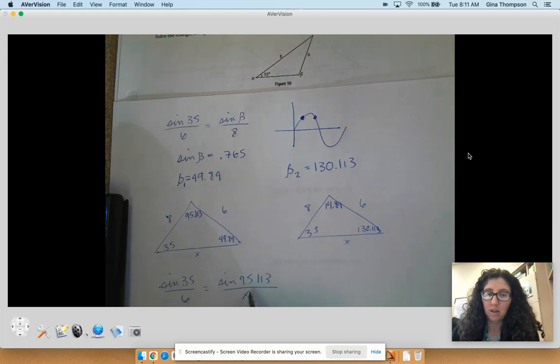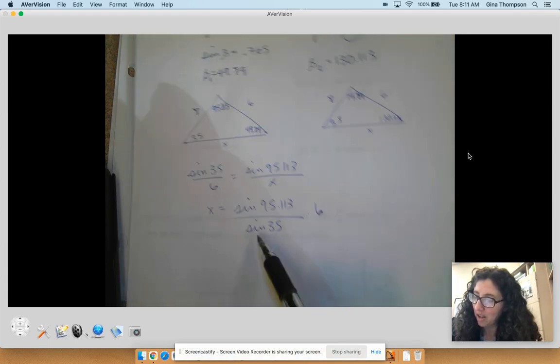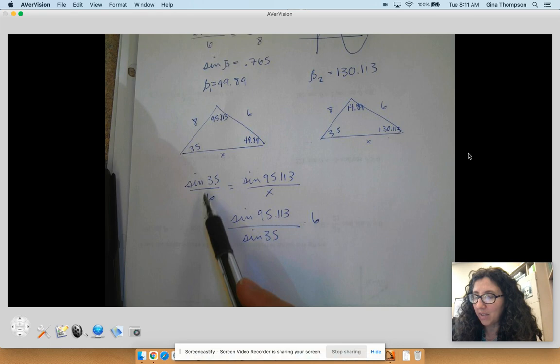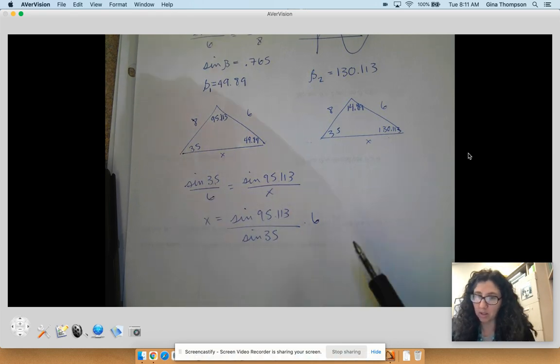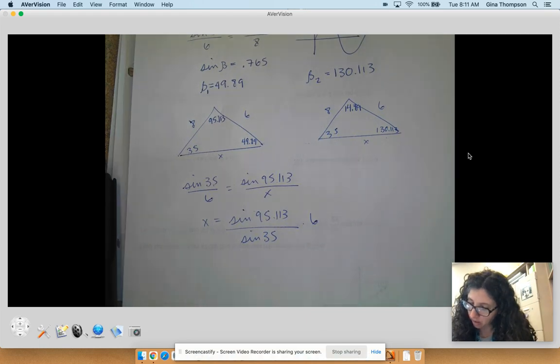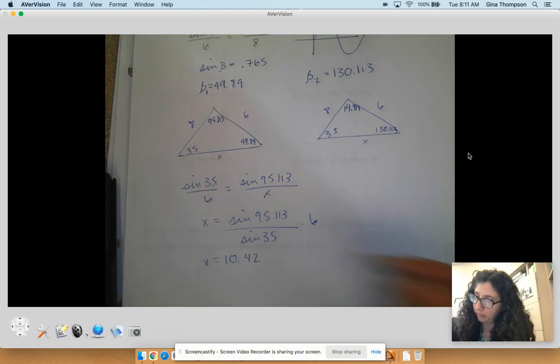If I cross multiply and then divide by sine of 35, that's how I could think of it. So I'm going to put this in my calculator. Sine of 95 times 6 divided by sine of 35 gives me this side is equal to 10.42.